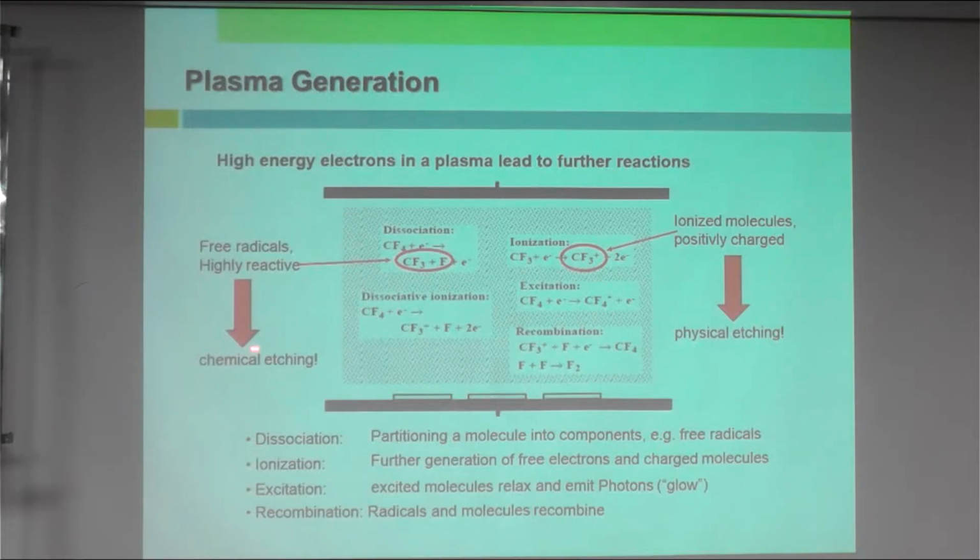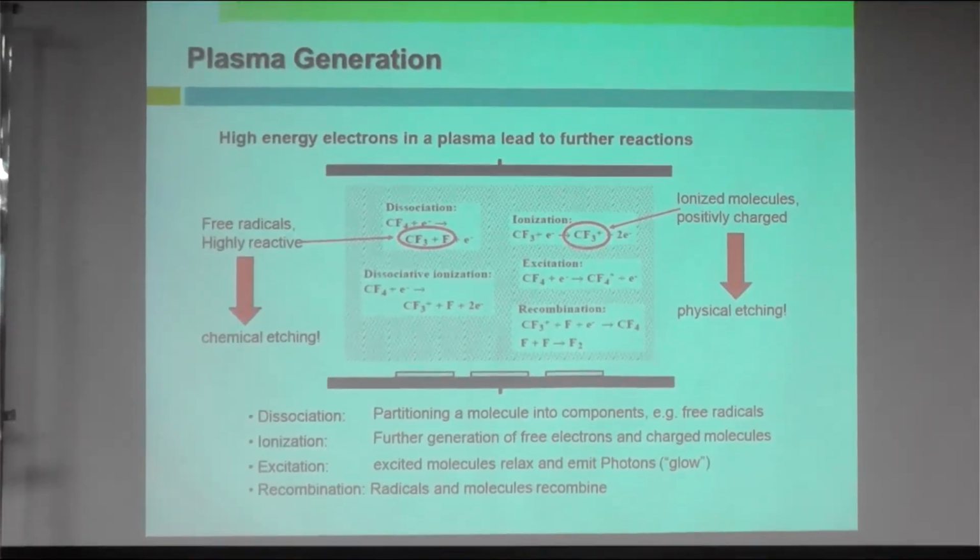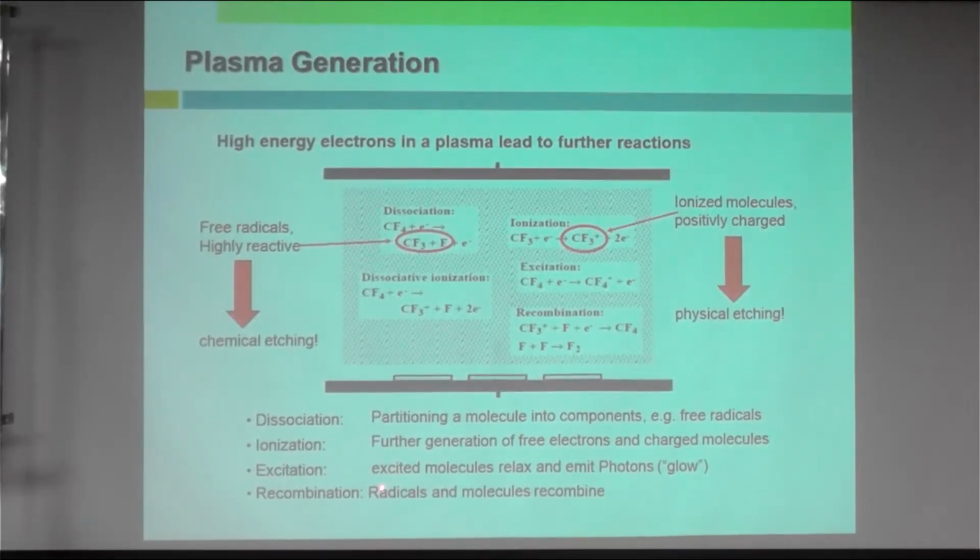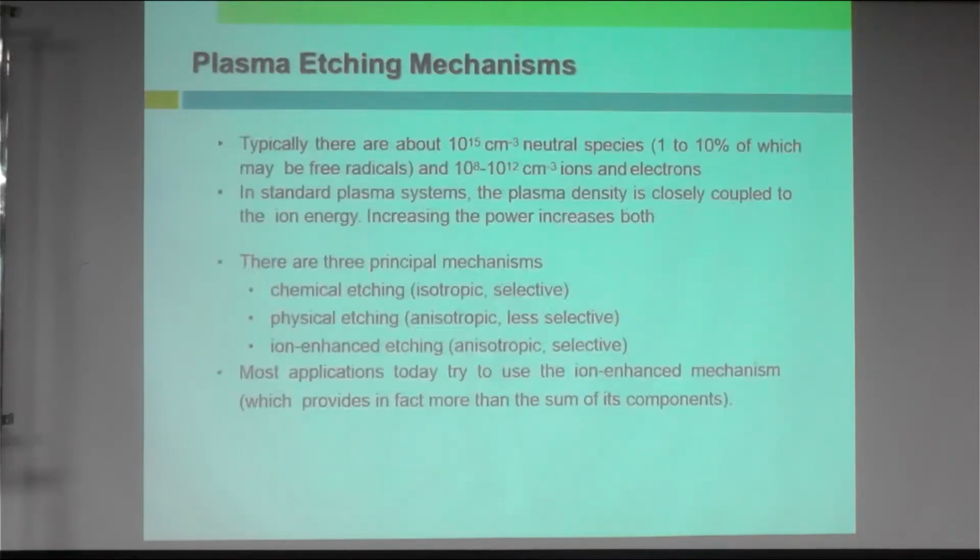And this side is the chemical etching process. Dissociation is partitioning a molecule into components. It creates free radicals, and ionization is a further generation of free electrons and charged molecules. Excitation happens, and excited molecules relax and emit photons. That is where you can see the glow. In recombination, radicals and molecules recombine.